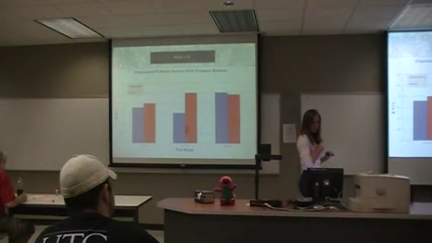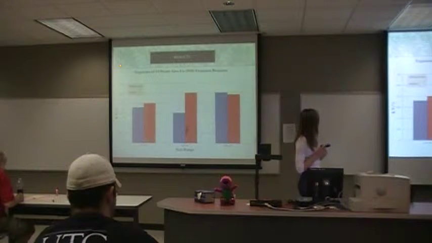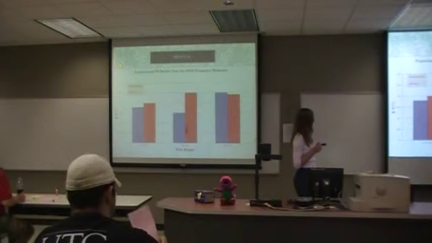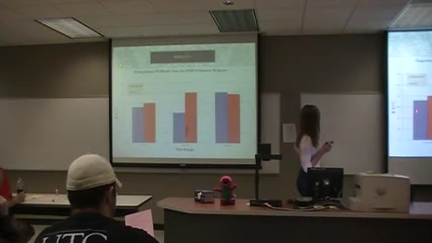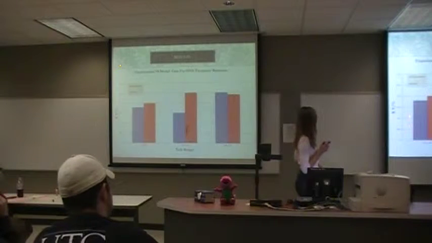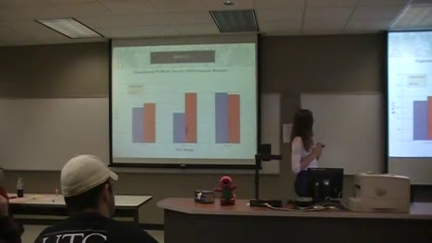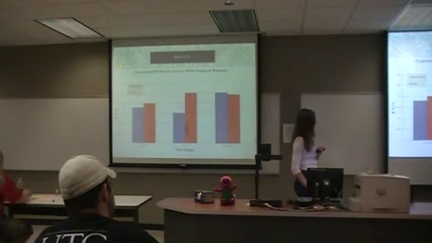Here's some of our results. The sine frequency response is done from the 15 to 30 volt range, 30 to 45, and 60 to 75. And our K value varied from 0.15 to 0.25 generally.